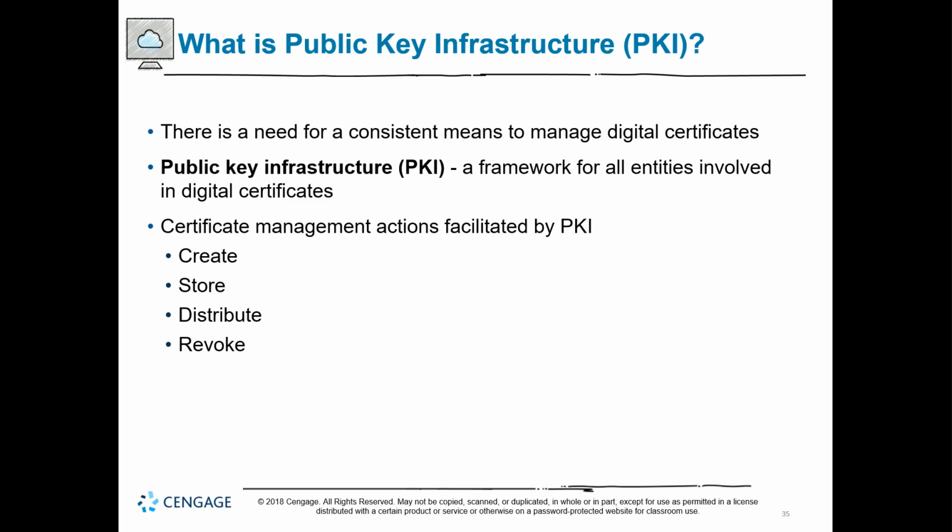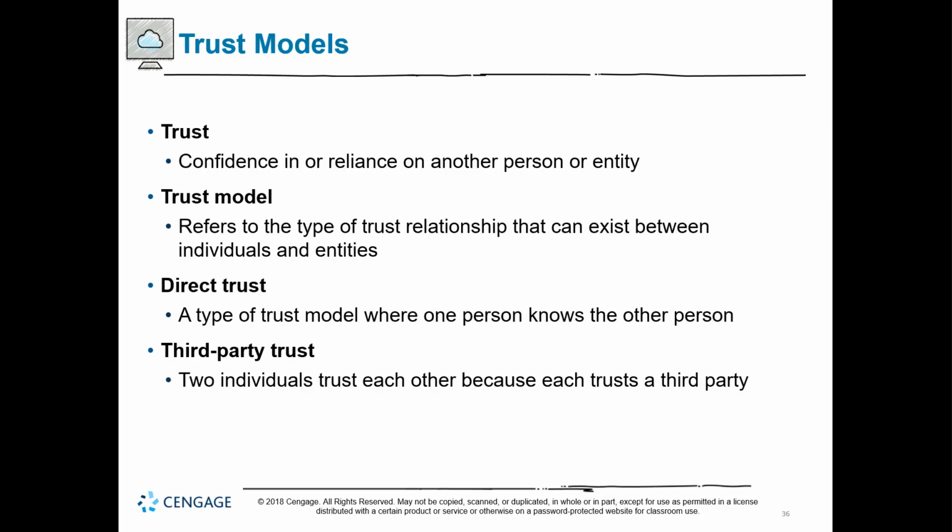So keep in mind that the PKI is used to distribute and manage digital certificates. Because again, there has to be a consistent means to be able to handle all of this. So the PKI is a framework that handles it. The certificate management facilitated by PKI allows for the creation, the storage, the distribution, and the revoking of those digital certificates.